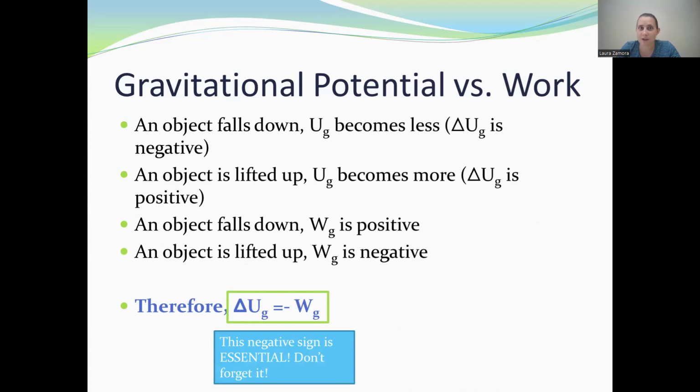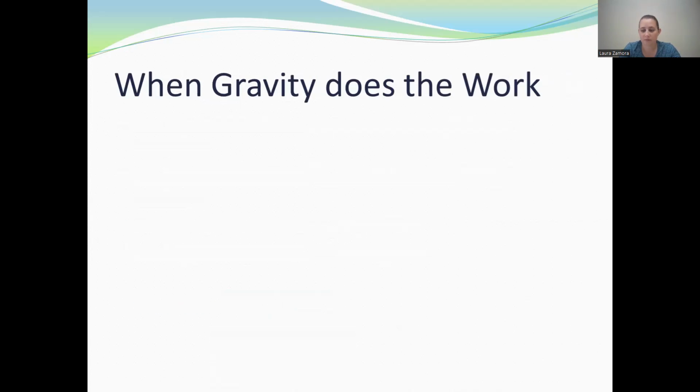You will lose points on a quiz or test, because they don't have the same effect as each other. So change in potential energy equals negative work done by gravity, when gravity does the work. Previously we saw it written this way on the last slide. We can also move the negative over to the other side and write it in this form. They mean the same thing.